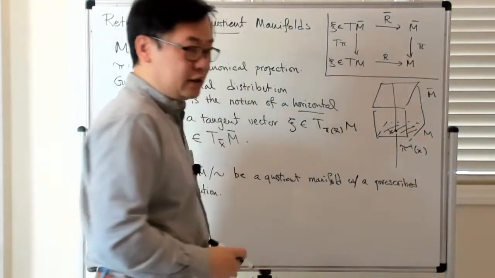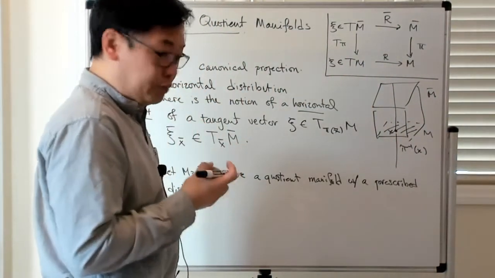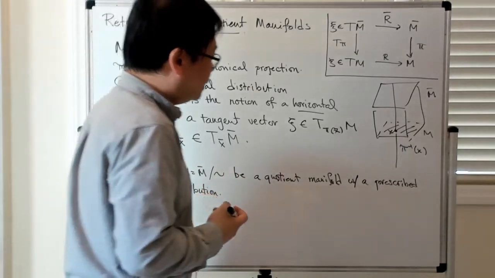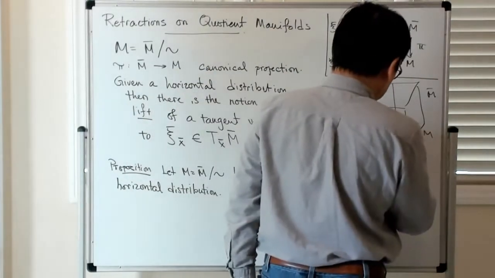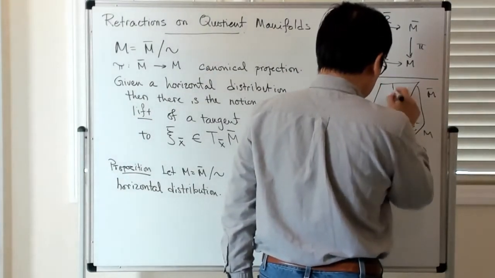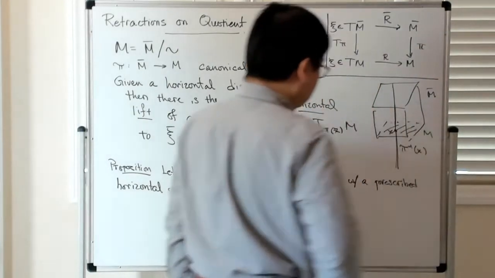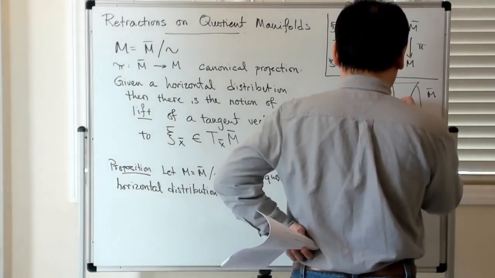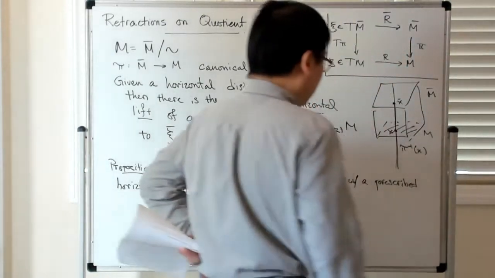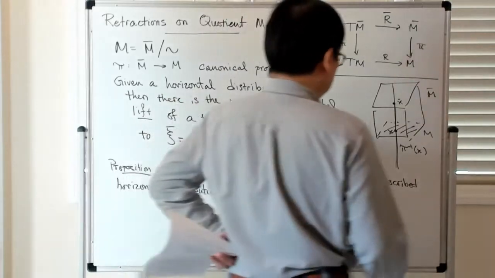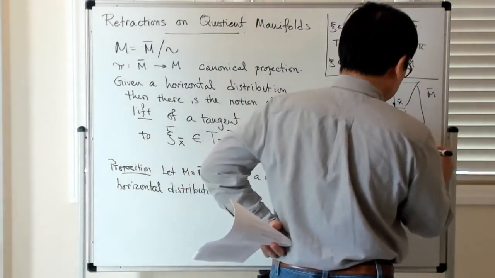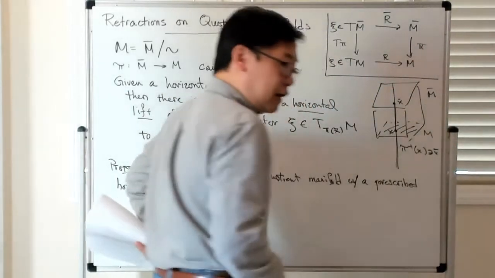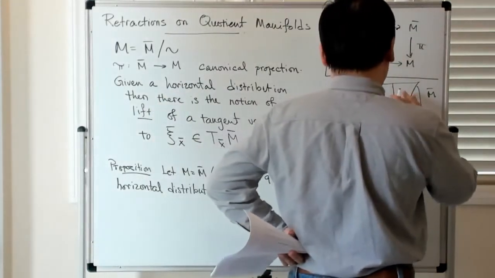So these are the points in M bar which project to the same base point x in M. So if you have some fiber like this, then you are at a point x bar here, which is an element of this fiber.